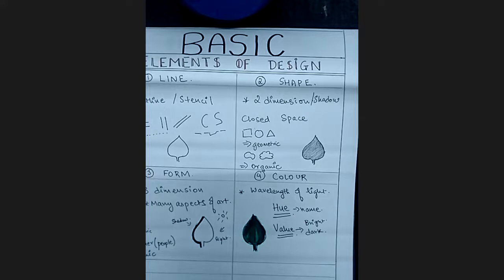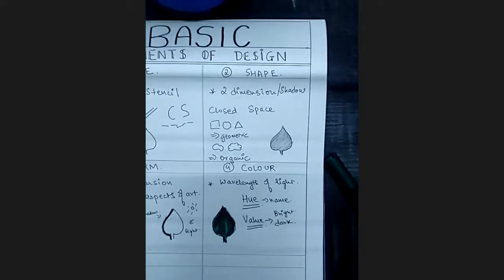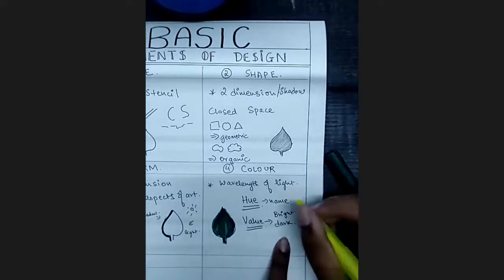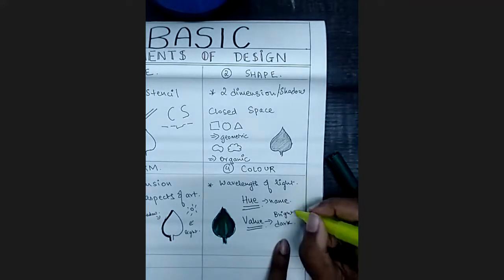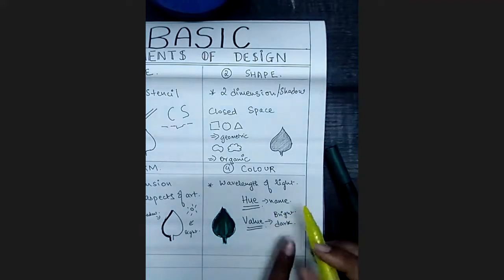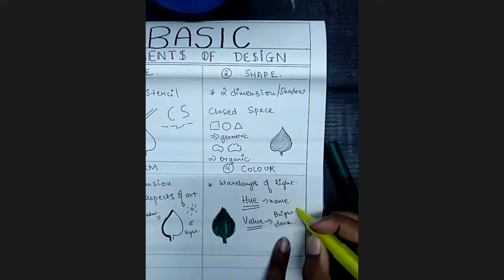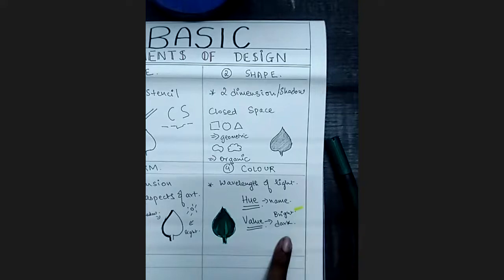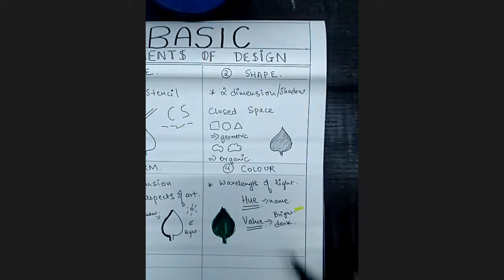Let me give you an example of bright and dark. Let's just consider this to be one value of green. The hue is green and the value that we have in this one is bright, whereas the value over here is dark.